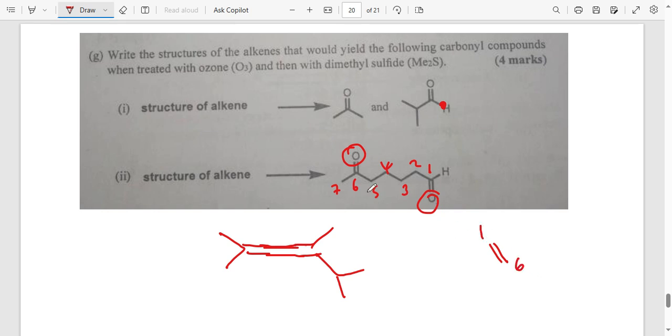The only way there can be a double bond between 1 and 6 is if these guys are in a ring. So 1 and 6 should be 2, it should be 3, it should be 4, it should be 5, and that should be 6. And then at position number 6, remember also have a methyl at this end. So it should be a methyl here. So this is the thing that we had to break down. Does this make sense?